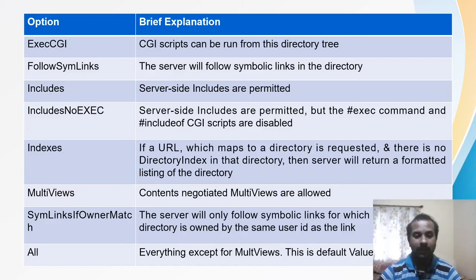It has who the owner is, what the permissions are, where it is present, the user, the group, everything. But it does not have the file name or the content. As I already mentioned, there are two types of links in Linux: the symbolic link or soft link, and the hard link.